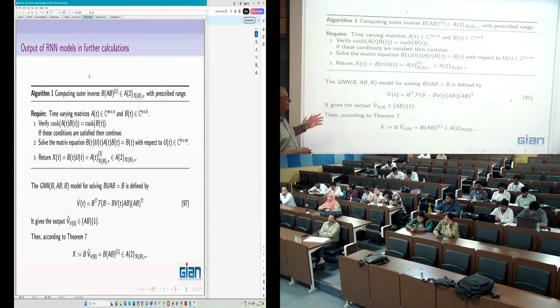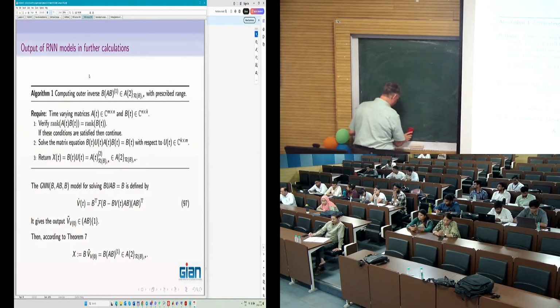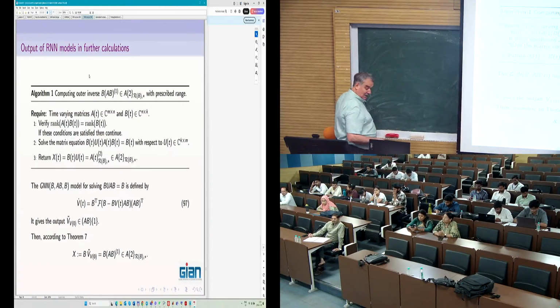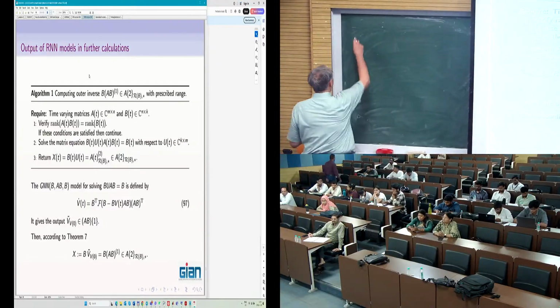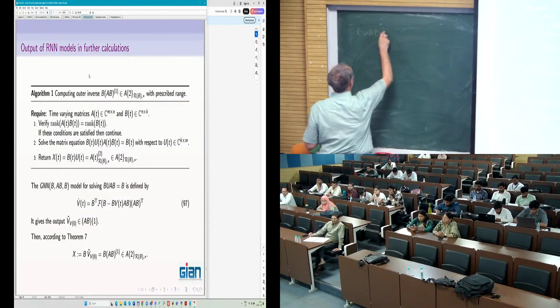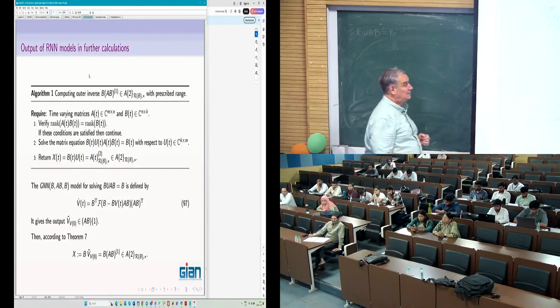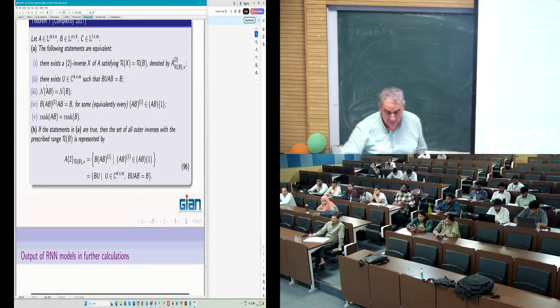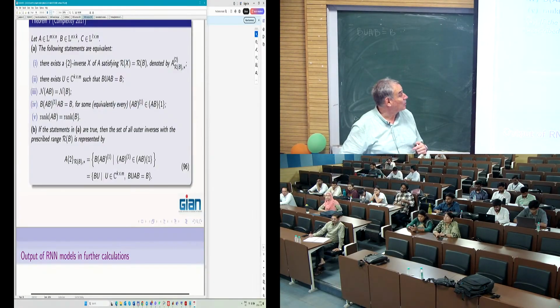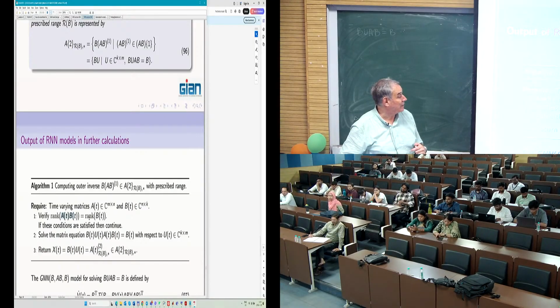Here is the description in 97 of how to define the GNN model for solving the linear matrix equation BUAB equals B. I several times mentioned this model for solving the general linear matrix equation AXB equals D. In our particular case, we want to solve BUAB equals B. The condition for solvability is B(AB)^(1)(AB) equals B. This condition is satisfied if the rank of AB is equal to the rank of B. Because of that, in our algorithm, we verified this condition first.